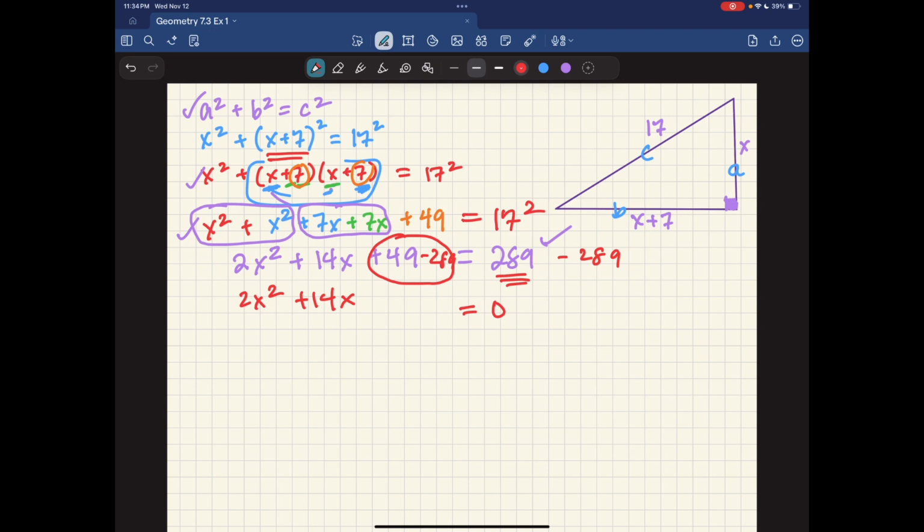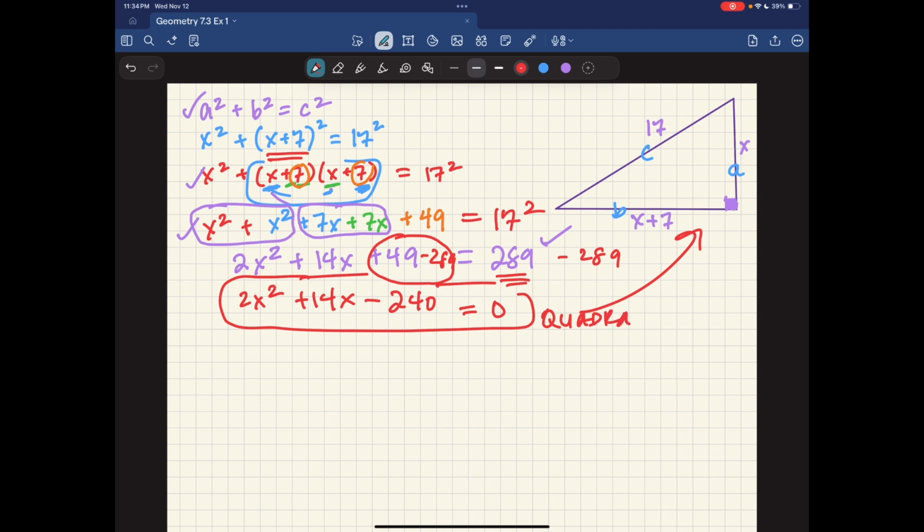So this is essentially negative 240, and we've set it to 0. So this is a really nice setup for solving this stuff. It's not the answer, but we needed to get it started in this quadratic equation form. Okay, now we still have a little bit more to do in order to work with it, okay?